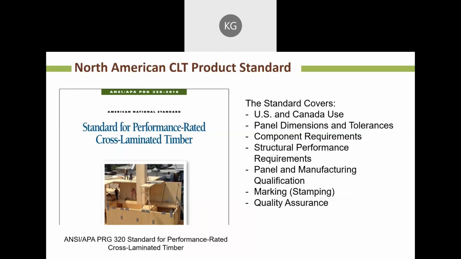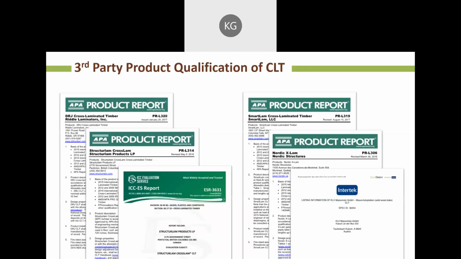And then the PRG 320 is the APA standard for CLT that covers things like dimension tolerances, structural performance requirements, and quality assurance. That's a free download from the APA, American Plywood Association. And then in addition, each CLT manufacturer has their own qualification reports that's specific to their product.